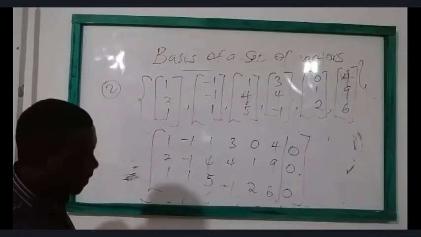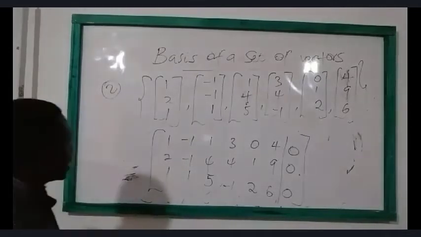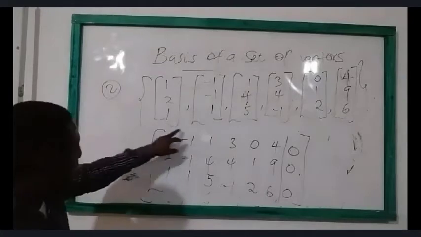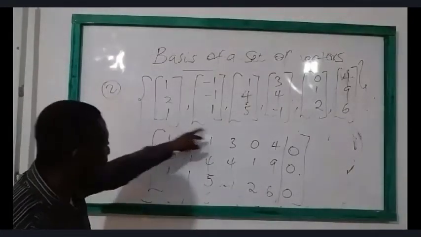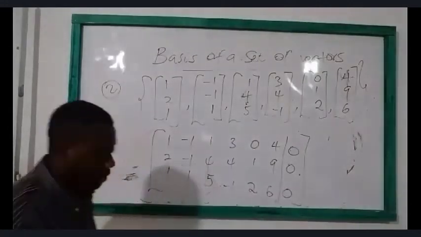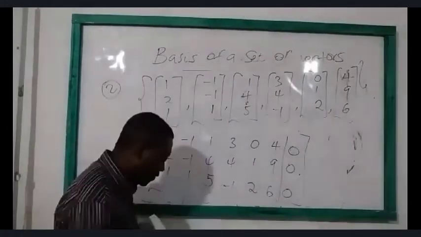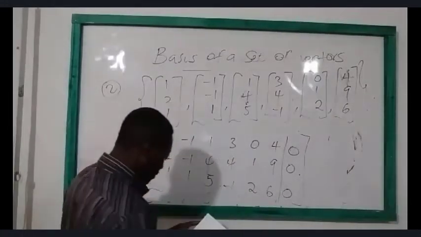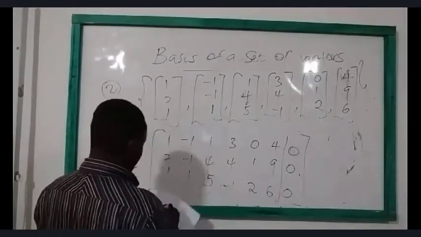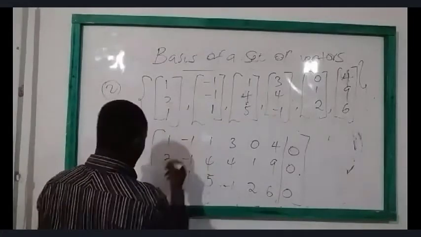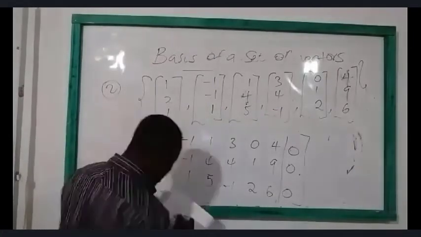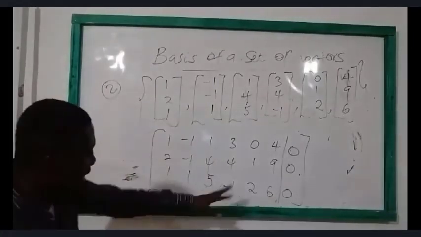Then for the spanning, we can represent the vectors given with a set of variables. Sorry. So you can see that the spanning will be okay. So let's finish with the linear independence.